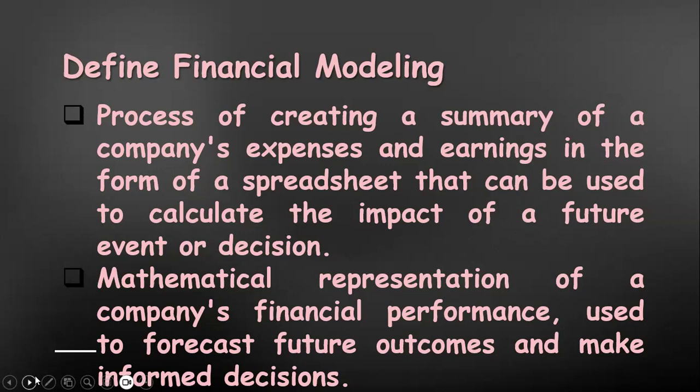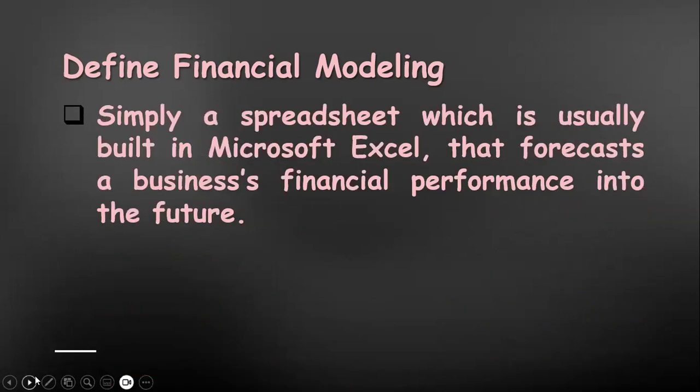In a similar way, the different types of future outcomes related to businesses are a part of financial modeling. We can also explain it as a simple spreadsheet, which is usually built in Microsoft Excel, that forecasts a business's financial performance into the future. So these are the simple definitions for financial modeling.